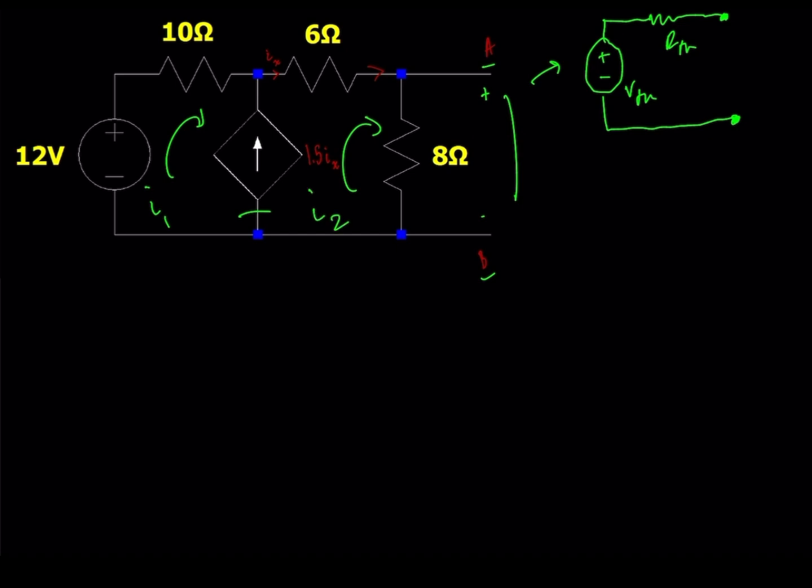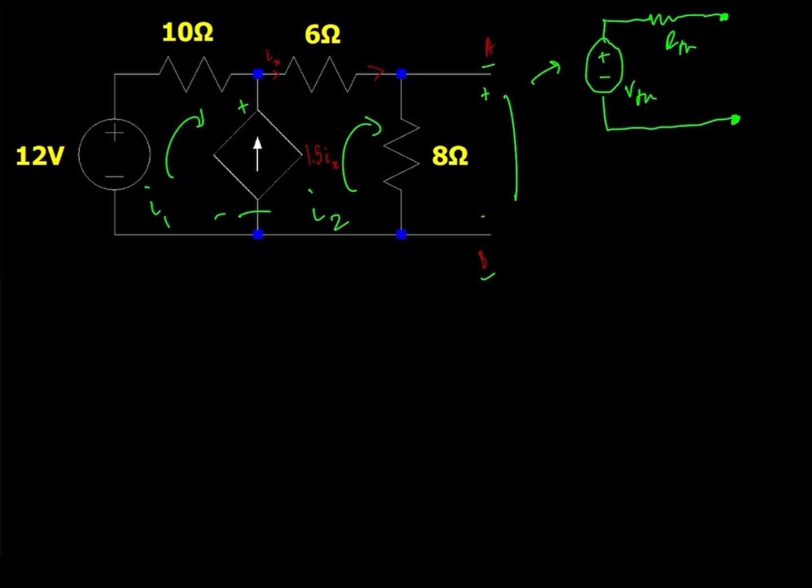Then you would go on and write your KVL equations for each loop, and that will give you a system to solve. But here we can actually see that this is a supermesh, if you will, because we have this dependent current source in between these two meshes. So we can't really write a complete KVL equation for these smaller loops because we have a component with an unknown voltage.